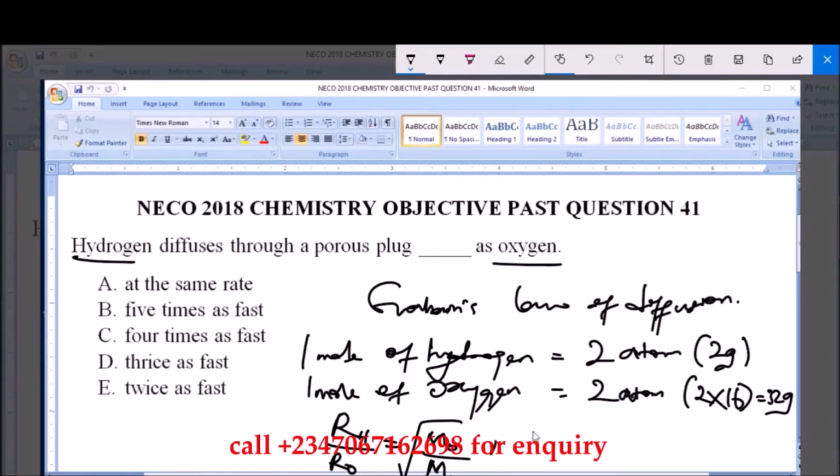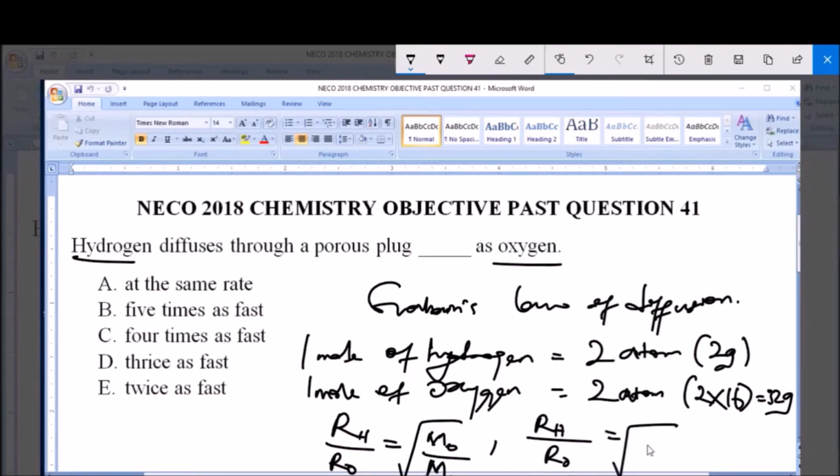So from this we have RH over RO, the rate of diffusion of hydrogen over the rate of diffusion of oxygen, is equal to the square root of 32 over 2, which is the square root of 16, which is equal to 4. So therefore hydrogen will diffuse 4 times as fast as oxygen, and that is option C, 4 times as fast as oxygen.